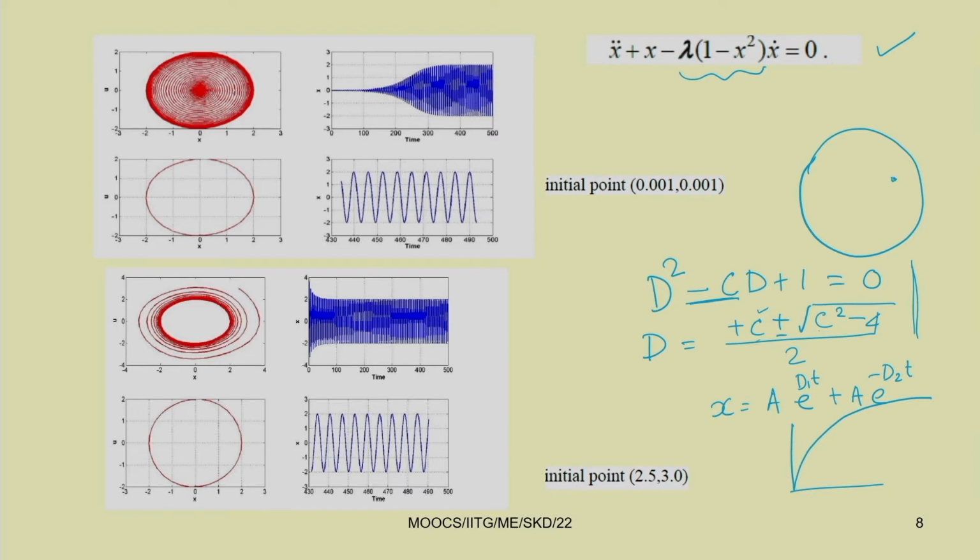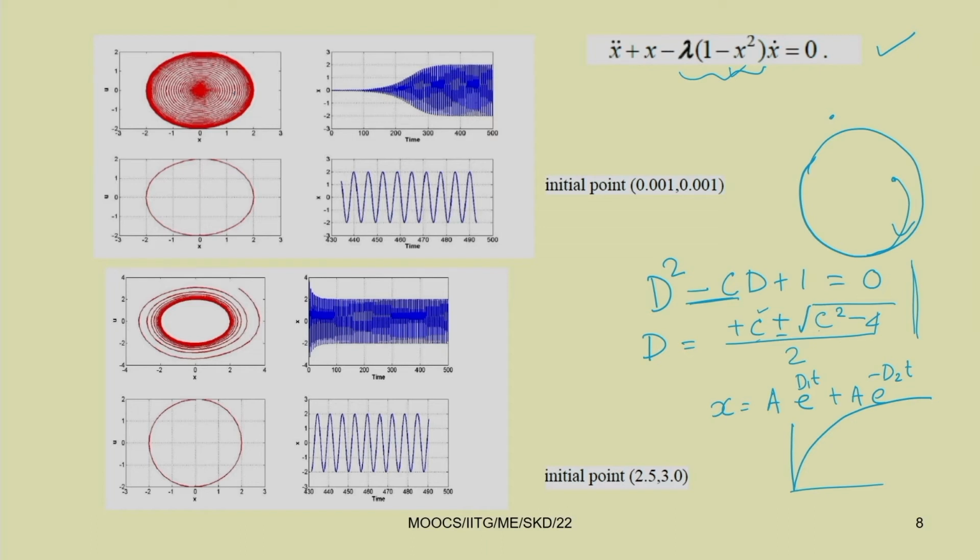Now, by starting at this point within the circle, the response will grow and move to this limit cycle. Similarly, if we take a point outside, that is mod x greater than 1, then this term becomes negative and the whole term becomes positive, so we have a positive damping.